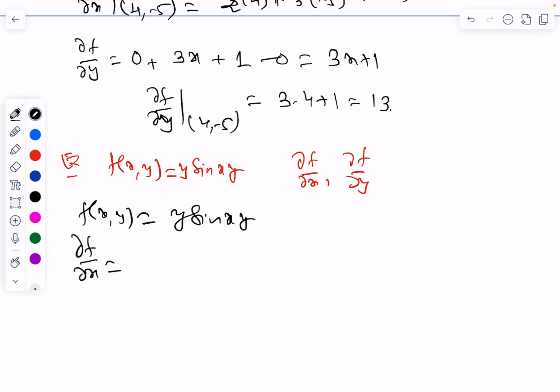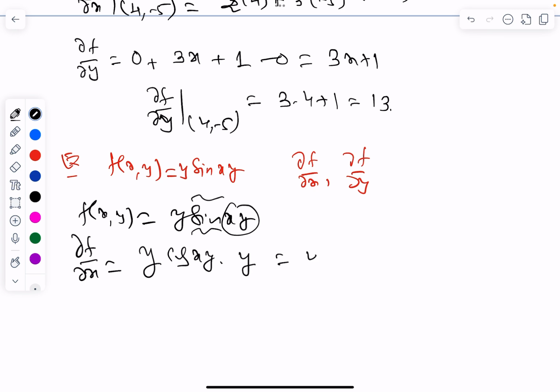Now del f by del x: the derivative of f with respect to x, y constant, the derivative of sine is cosine xy, and the derivative of xy with respect to x is y, because the derivative of x is 1 and y is constant. So this is y square cosine xy.